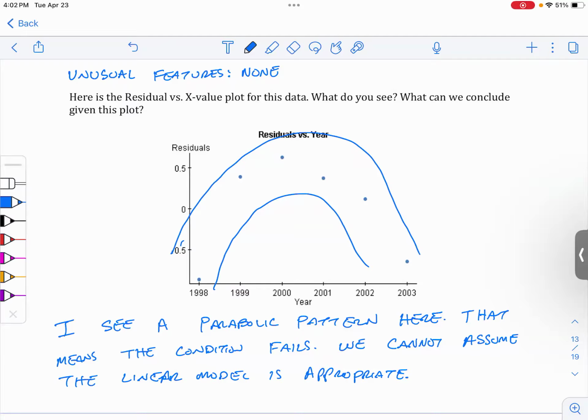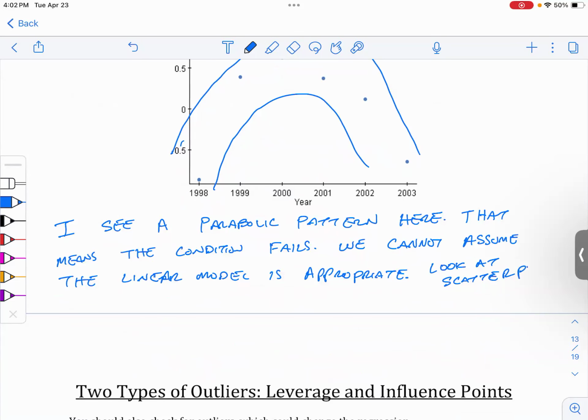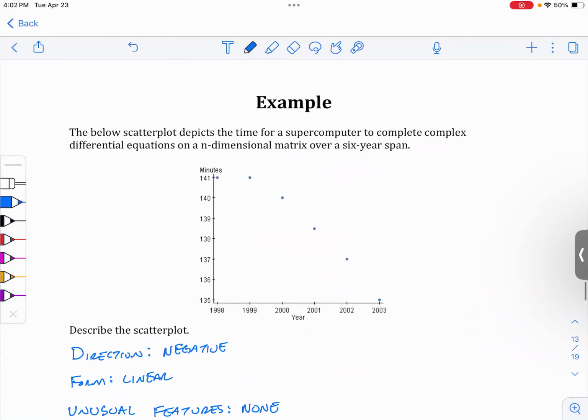And really, this also means check again, all right? Look back at your scatter plot and see if you missed something. So, all right, this says, look at scatter plot again. All right, so I see a pattern there when I was supposed to see no pattern. All right, I cannot assume the linear model is appropriate. I need to look here again.